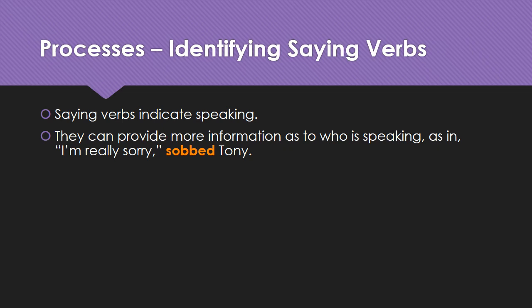This becomes really important when writing in narratives, as it provides insight into the characters and gives the story a sense of realism. So by completing this presentation, you will begin to understand how you can use different saying processes rather than simply using the word said all of the time when writing dialogue.